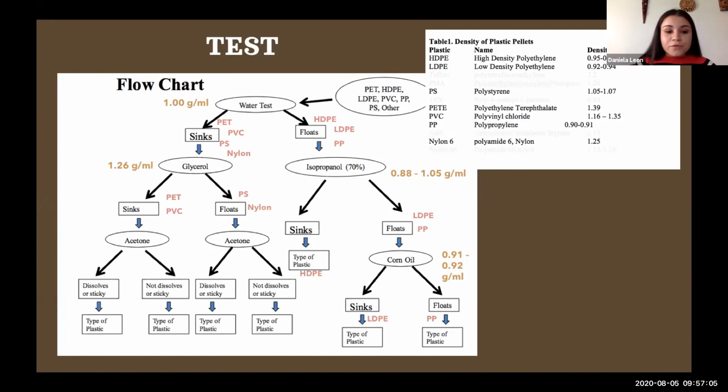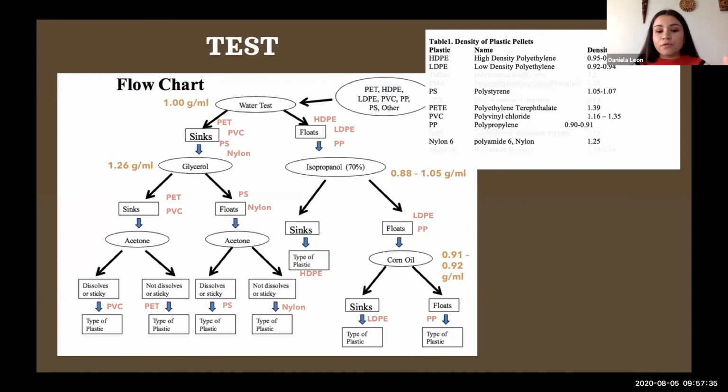In the first part, for those that had a heavier density, so polyethylene terephthalate and polyvinyl chloride, the one that will dissolve will be polyvinyl chloride, and the one that won't dissolve will be polyethylene terephthalate. And for those with a lower density than glycerol, the one that will dissolve will be polystyrene, and the one that won't dissolve will be nylon.